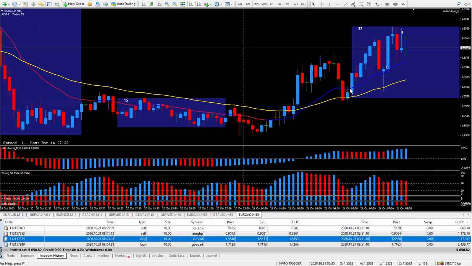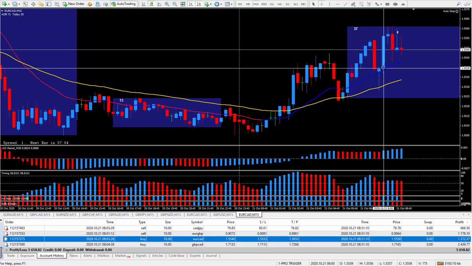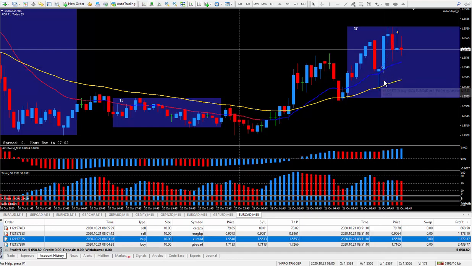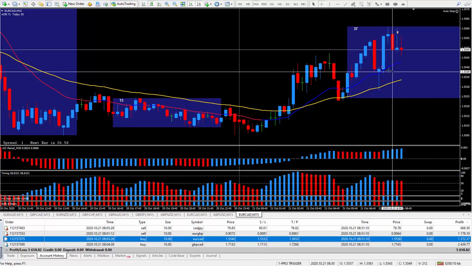Now on this particular one, it lined up nice with my new Fibonacci tool. But first off, I'll show where I got in at this cursor right here. By the way, these little marks here, they're my stops. And the targets are many pips away.